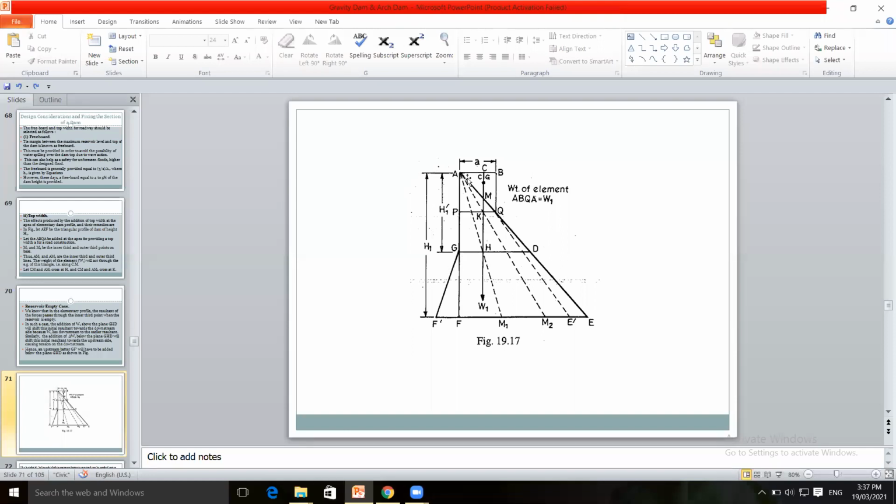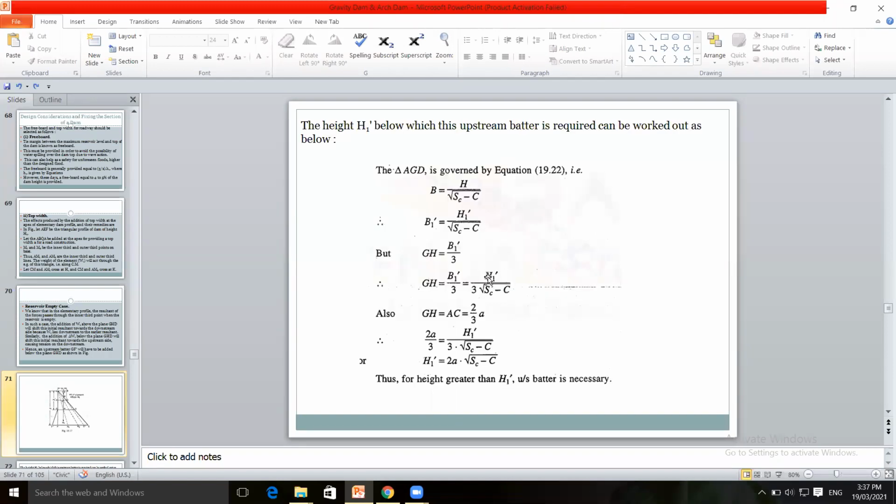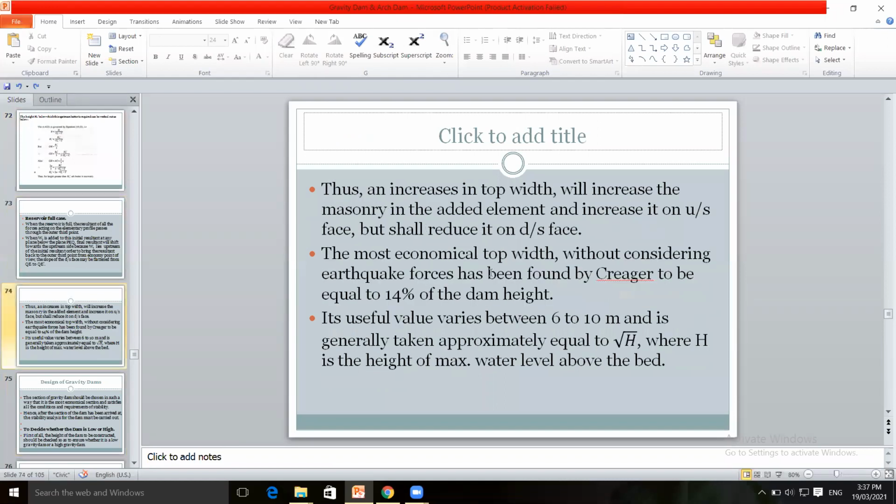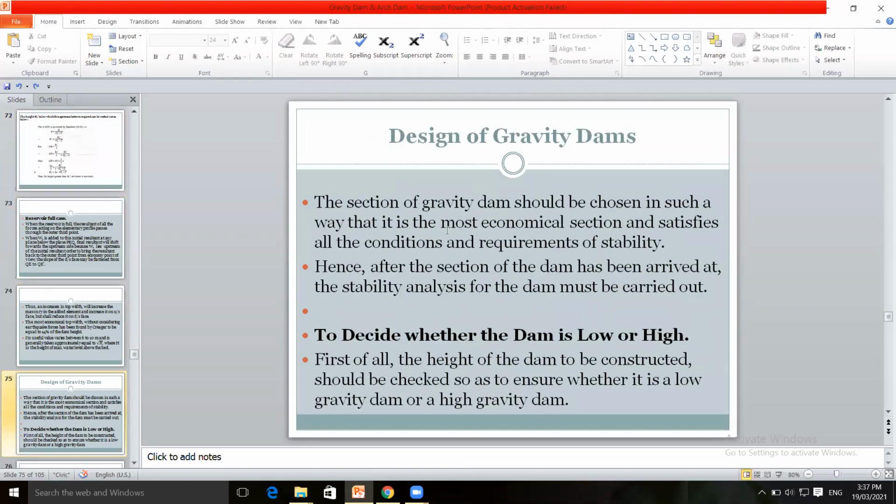In that, from the elementary profile, the height of the dam is increased on the upstream side and downstream side. The profile has been changed. We have seen a low gravity dam and high gravity dam.